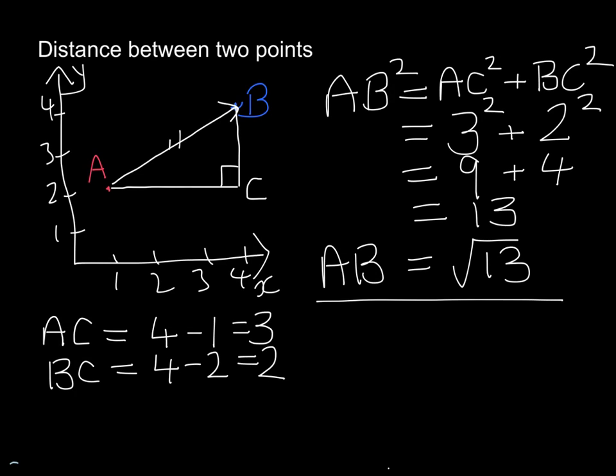I would probably leave the answer as the square root of 13. It's a bit neater, but if you've got a calculator with you, you can work that out, and it comes to about 3.61, and that's the final answer.